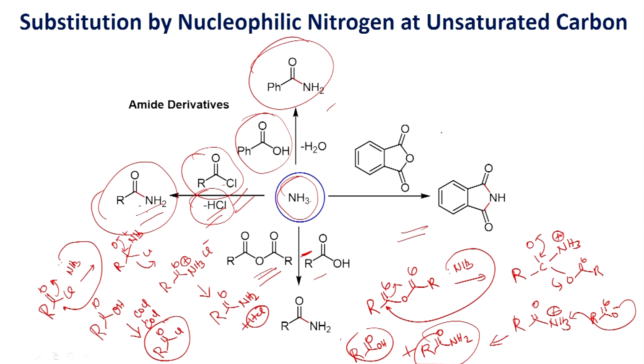As we have seen here, if you have ammonia, it can undergo addition reaction with this carbonyl group, which can convert into intermediate, and intramolecular proton transfer can give the carboxylic acid.